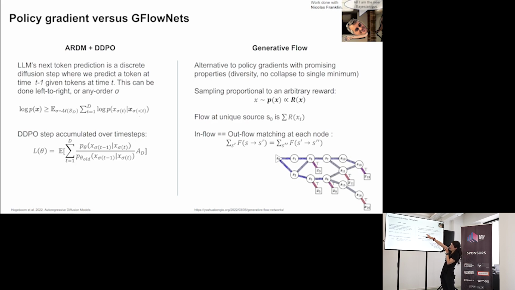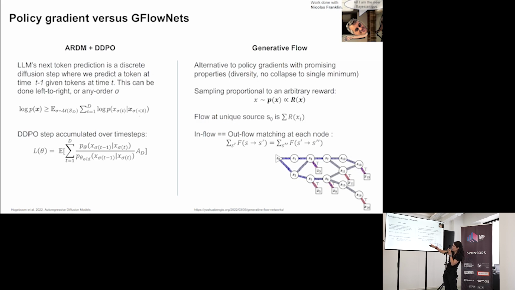In GFlowNet, the sampling will be proportional to an arbitrary reward. So the likelihood of sampling x, or in this case of generating a sequence, will be proportional to the reward distribution. And the way that it's done, you see this diagram here. I hope it's not too small. I hope you can see this flow here from one node to the other. If you look into flow matching, diffusion is a type of flow matching, so you can see the analogies to diffusion approaches.